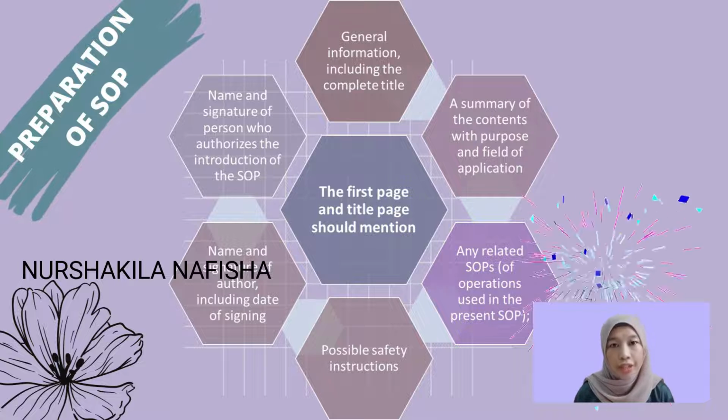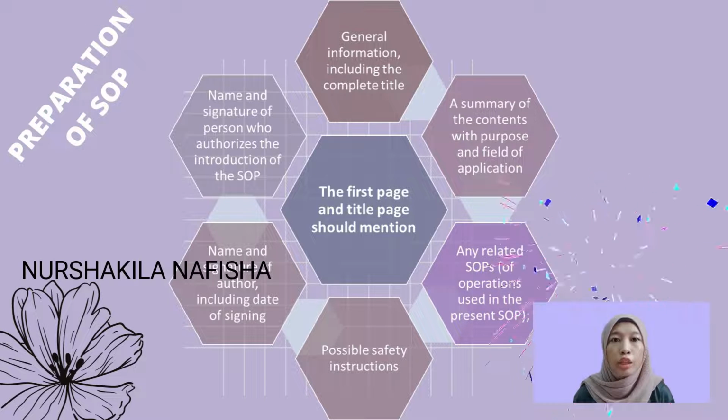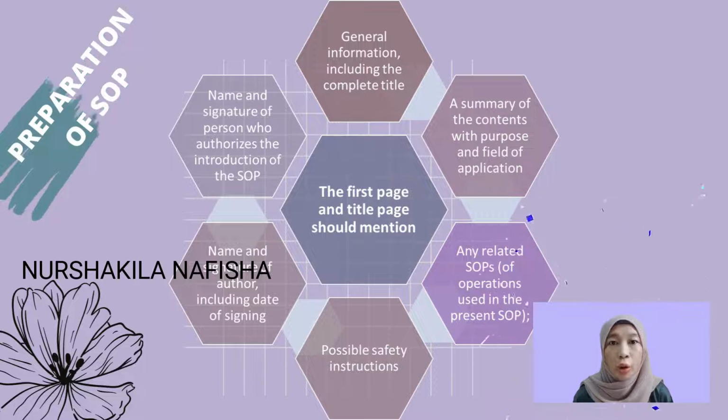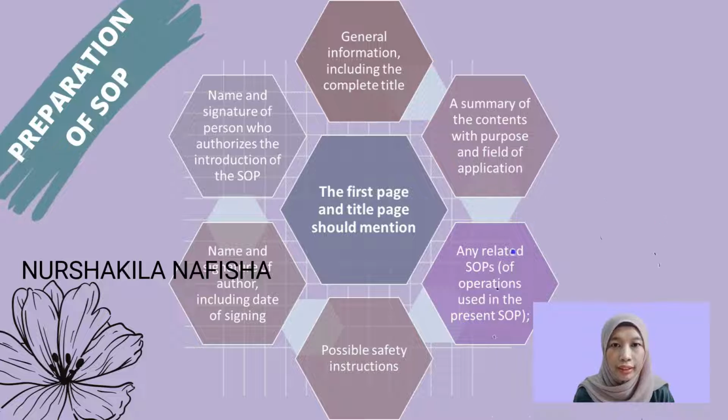Second, the first page and title page should mention the general information including the complete title. Then, a summary of the content with a purpose and the field of the application. If desired, the principle may be given including the list of the points that may need attention.